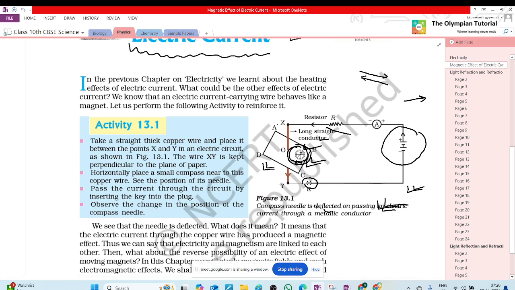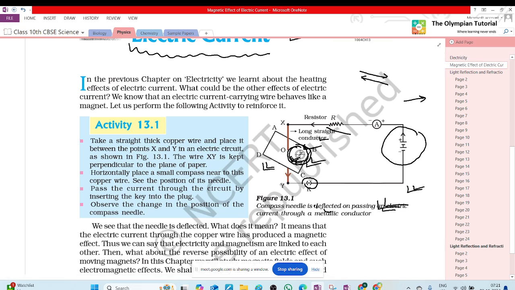Ma'am, why is it called a magnetic effect if the compass starts deflecting? Because it is already a property of the magnet to point in the north south direction, no, ma'am? Then why, if it is deflected, is it called the magnetic effect? Because it shows deflection when it comes in contact with a magnetic field.